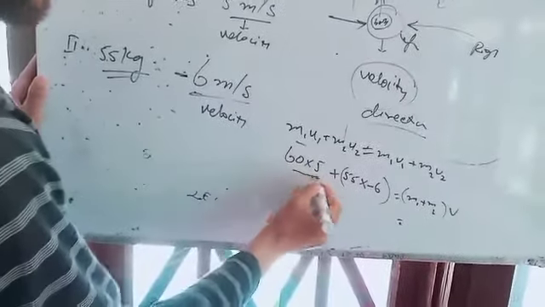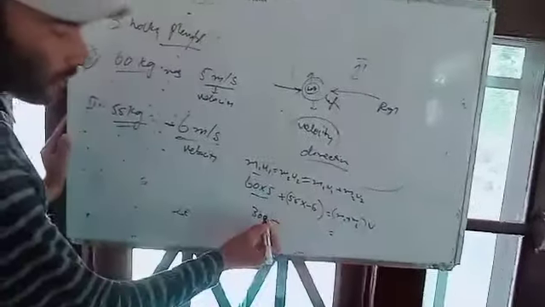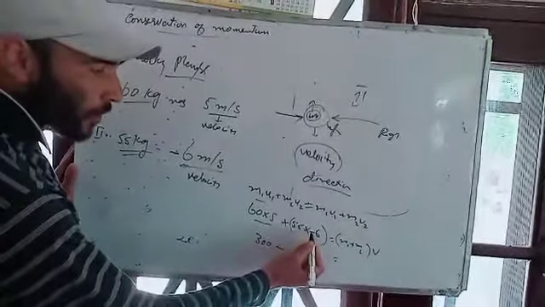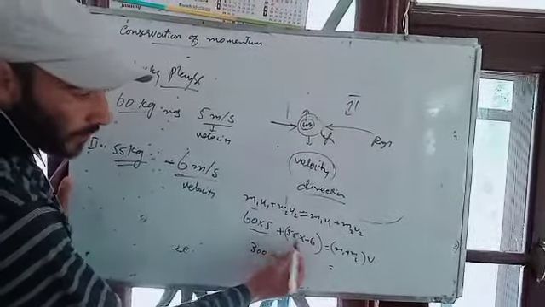It is like this: 60 into 5 is 300, plus 55 into minus 6. Plus into minus is minus.